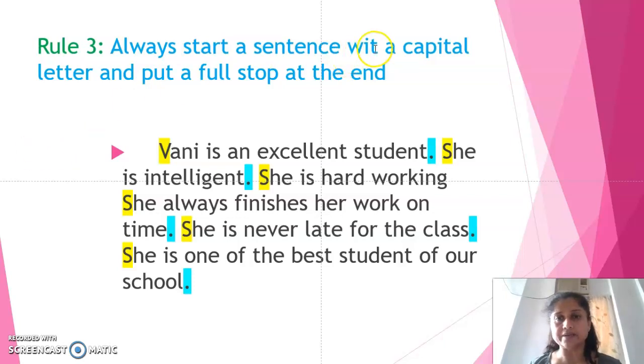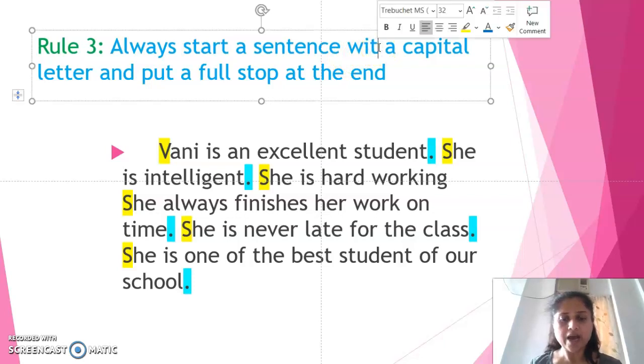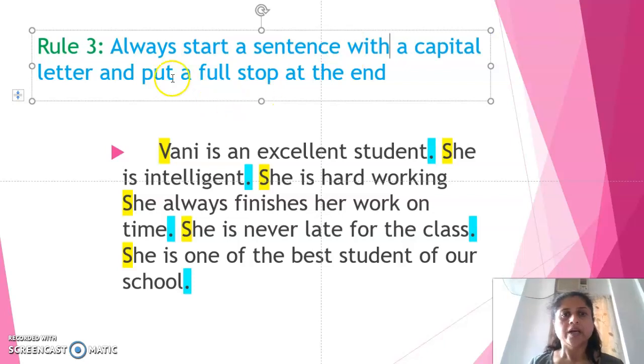See, I've highlighted all the capital letters at the start of the sentences with yellow. So all the sentences should have a capital letter at the start.